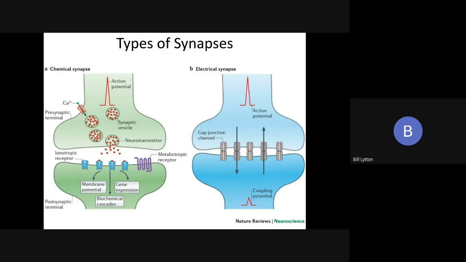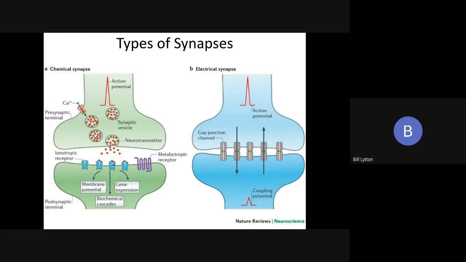The way the action potential causes all this to happen is that the depolarization in the presynaptic specialization, the part on the top, let's see, I've got a pointer there. There's a little picture of an action potential. That depolarization causes entry of calcium, probably other ions, probably sodium as well, but calcium then has to act as a second messenger in the melding of the vesicle with the presynaptic plate.